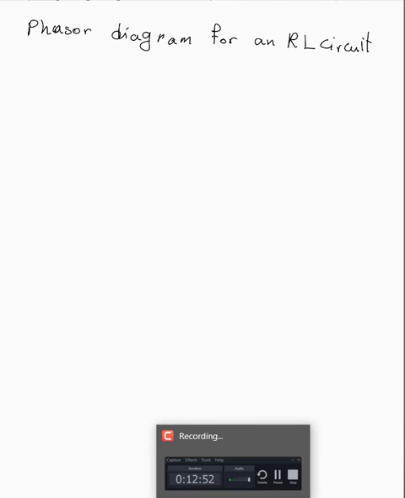Now that we know the relationship between the impedance and every part of the circuit for RL circuits, it's important that we know how to draw the phasor diagram. So like usual, we start with drawing the Imax for the circuit. This is Imax, and this is figure 24.20 in your book.